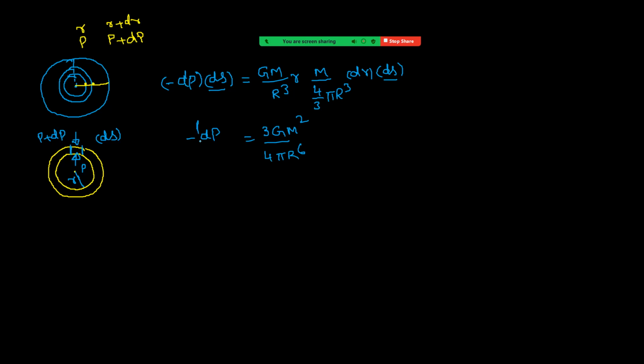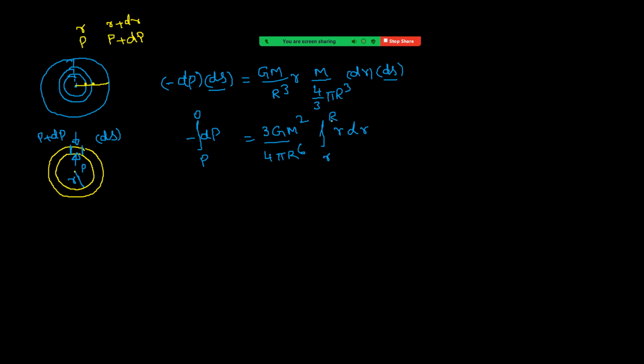I am taking integration now of r dr. We want to find the pressure at a point at distance r, so the limits are from r, with corresponding value P, to capital R. On the surface there is no pressure, and as we go inside, the P value increases because of the weight of the layers.